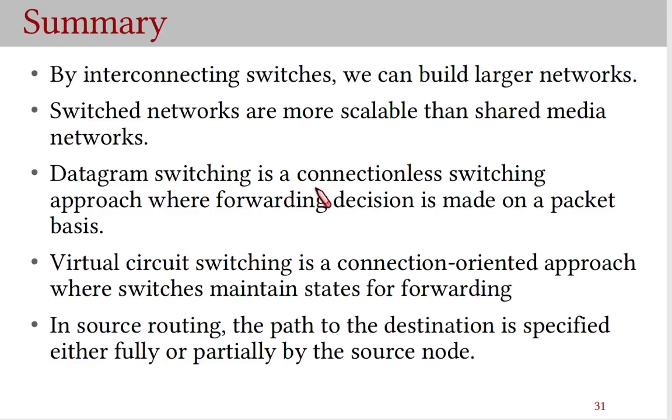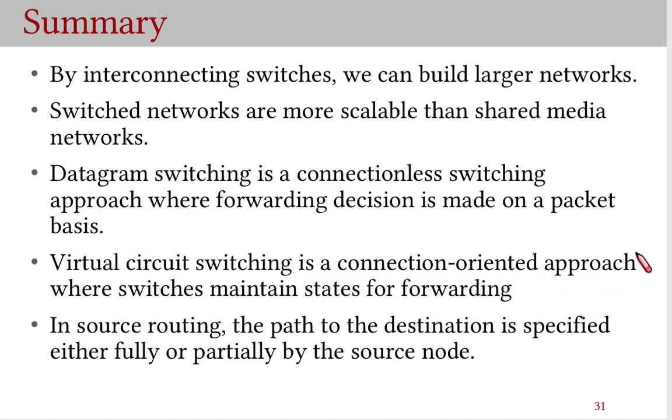Datagram switching is a connectionless switching approach where you make the forwarding decision based on the destination address present in a packet, and it's done on a packet-to-packet basis. In the case of virtual circuit switching, a connection is established before data transmission takes place.